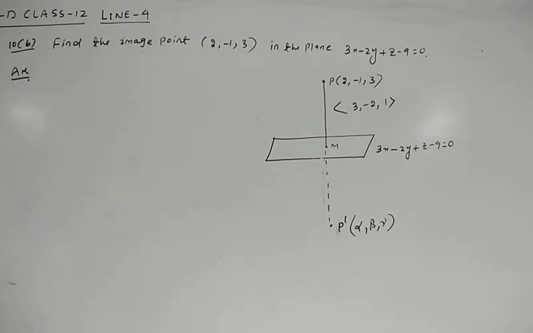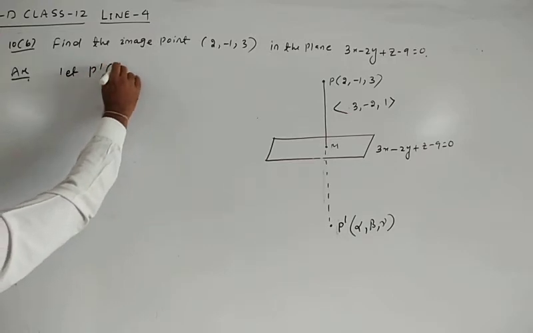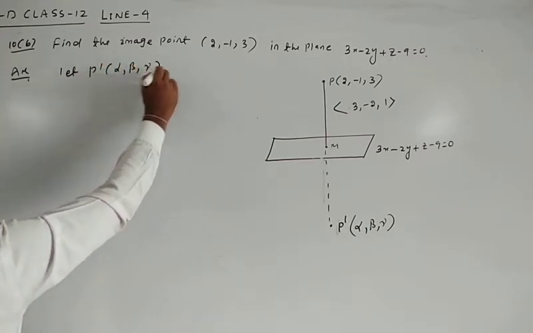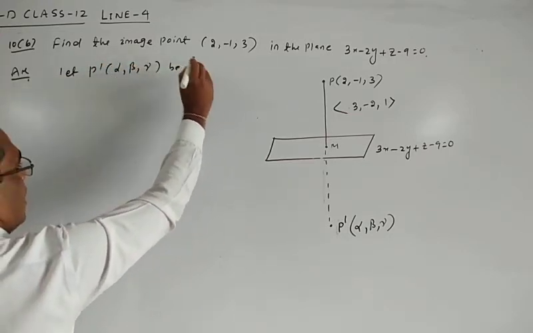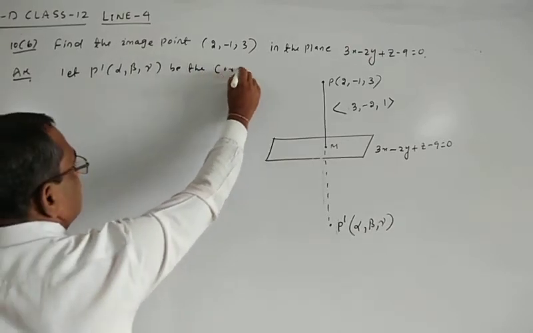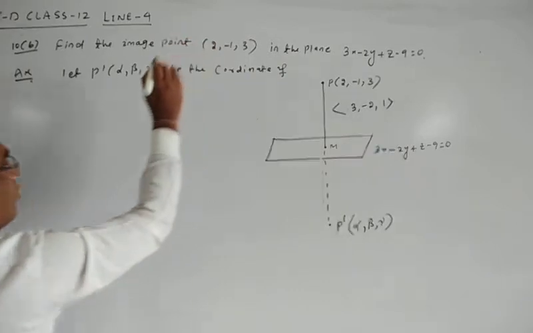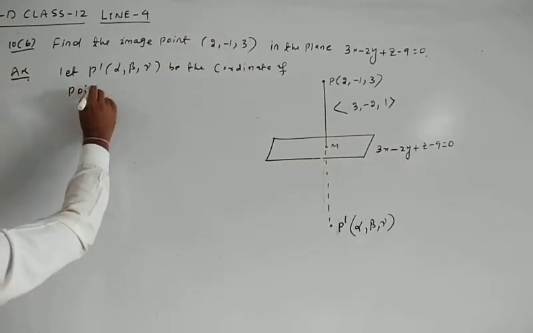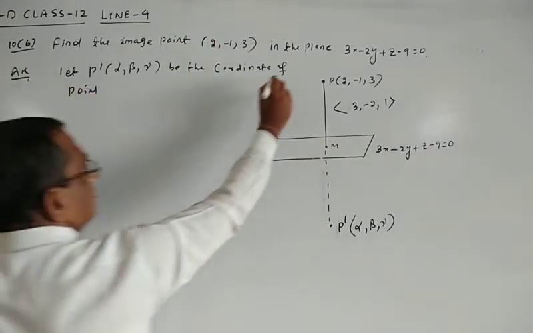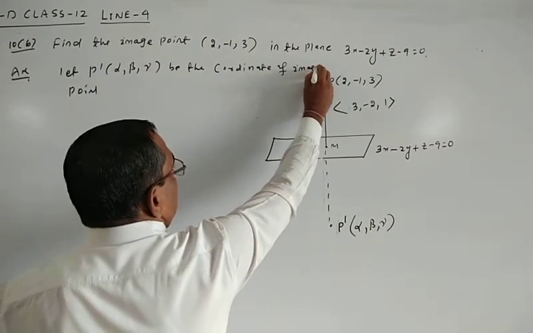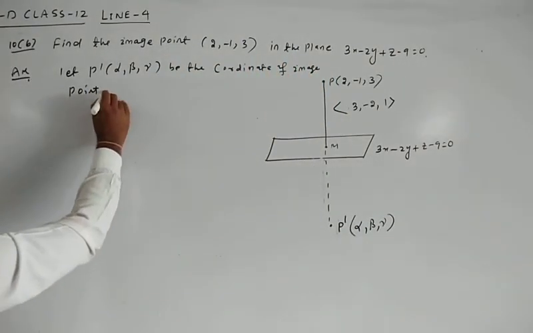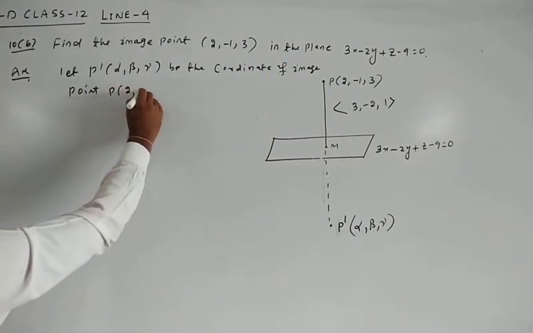So let P dash (alpha, beta, gamma) be the coordinate of the image point of P (2, -1, 3).